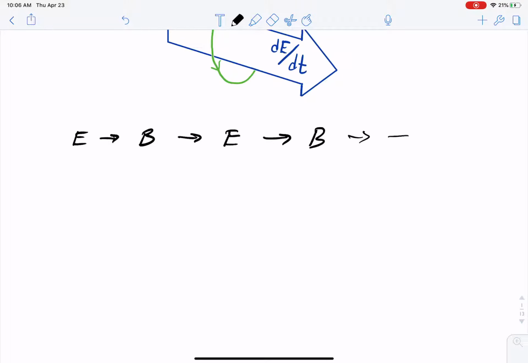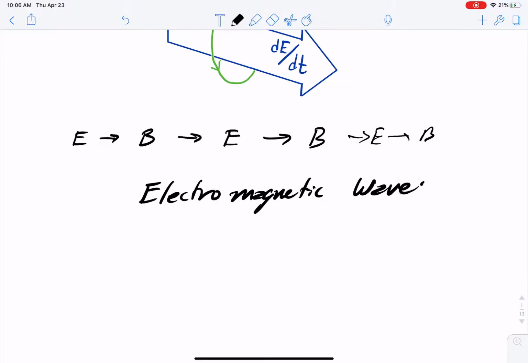So we have this infinite chain possible. Mathematically, what we end up with is what we call electromagnetic waves, or EM waves for short.